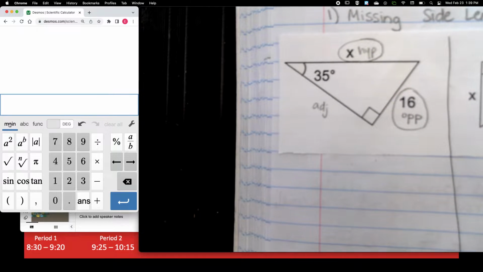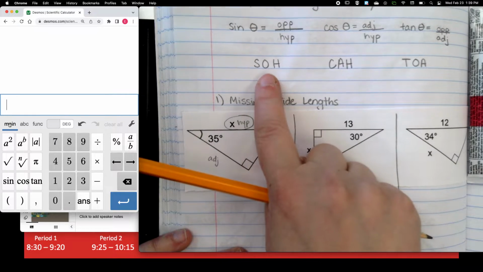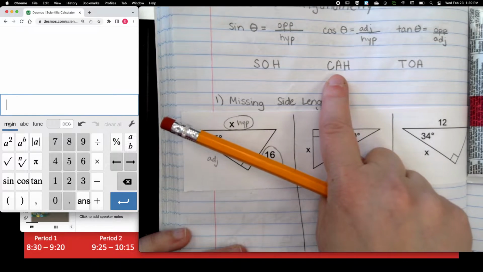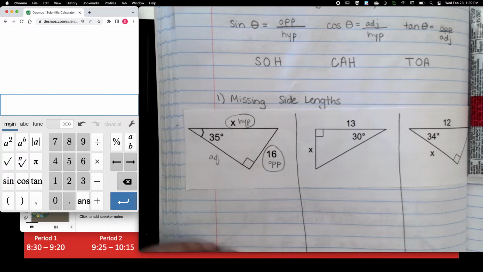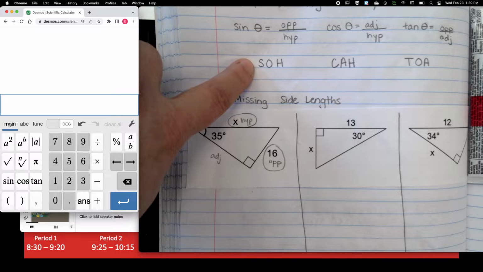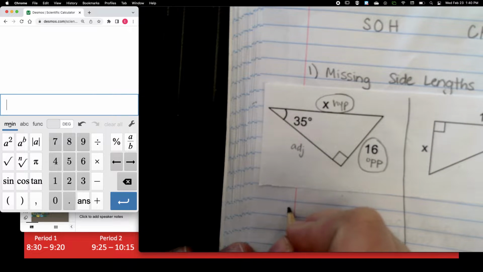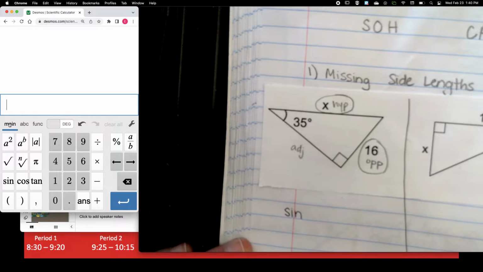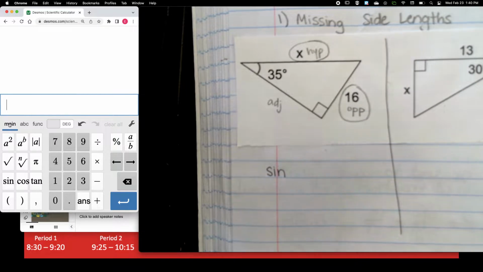So if I think back to SOHCAHTOA, if I have O and H, am I going to use sine, cosine, or tangent with opposite and hypotenuse? Yeah, it's the SO. I'm going to use sine. Good. So on this problem underneath, I'm going to write sine. And remember, it does look like sin, but we call it sine because it's really S-I-N-E.